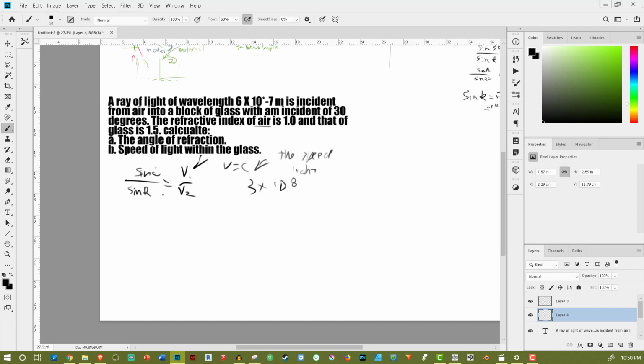So you've got both of these. All it takes is a bit of rearrangement. Once again, you want to flip it over. It becomes sin r over sin i, so you need to flip it around again, and that becomes v2 over v1. v2 is equivalent to sin r over sin i times v1.